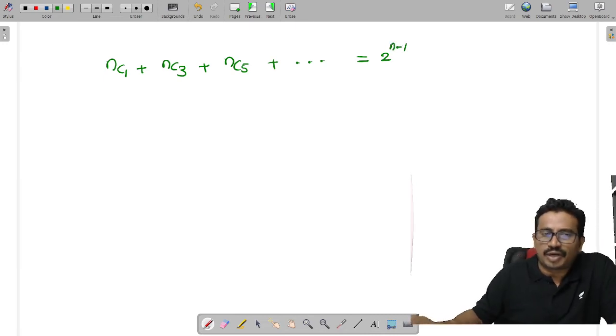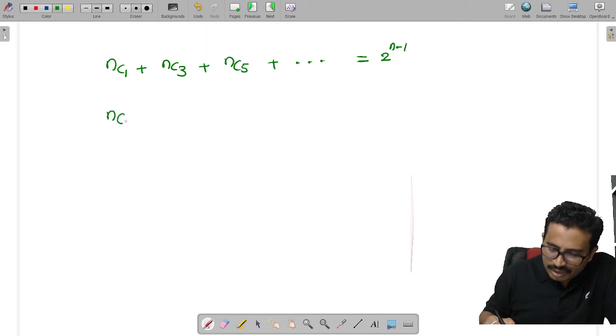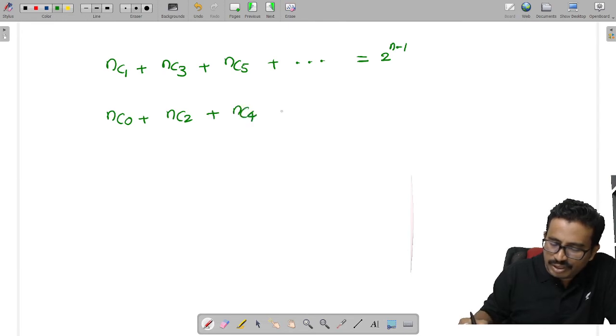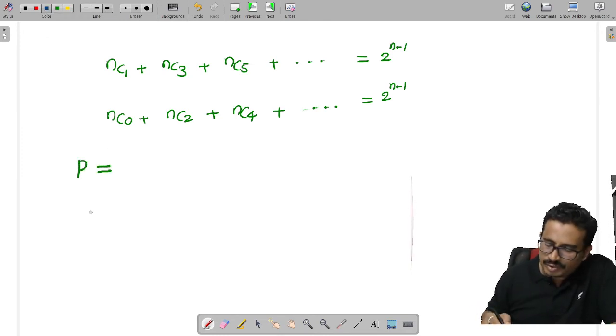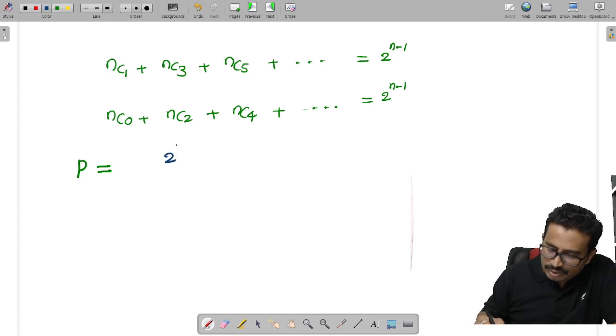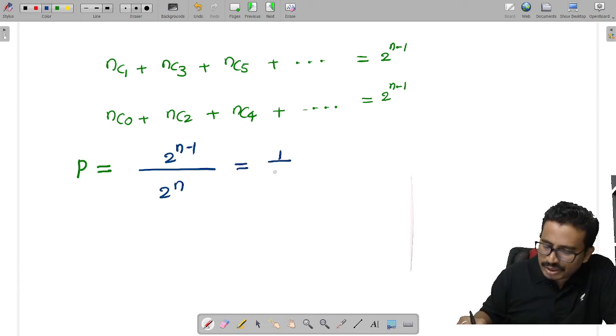In the same manner, nC0 plus nC2 plus nC4, the sum of even binomial coefficients, is also equal to 2 power n minus 1. So then what is the probability? It is given as 2 power n minus 1 by 2 power n, so we get this as 1 by 2.